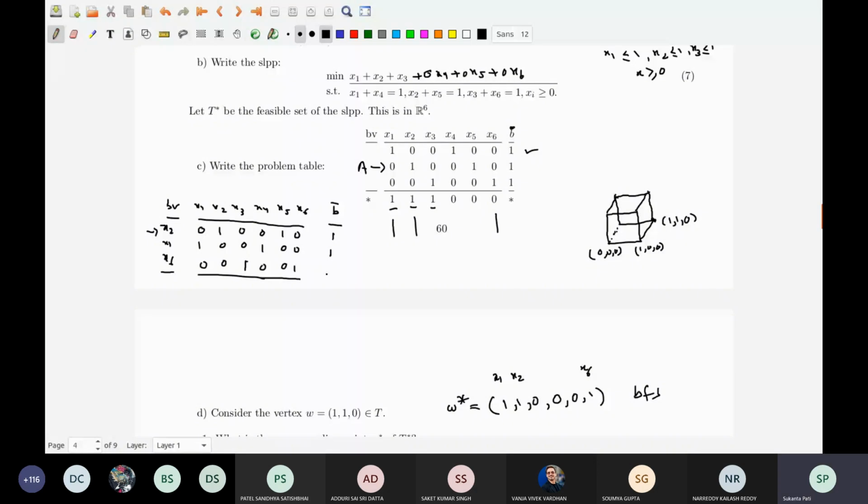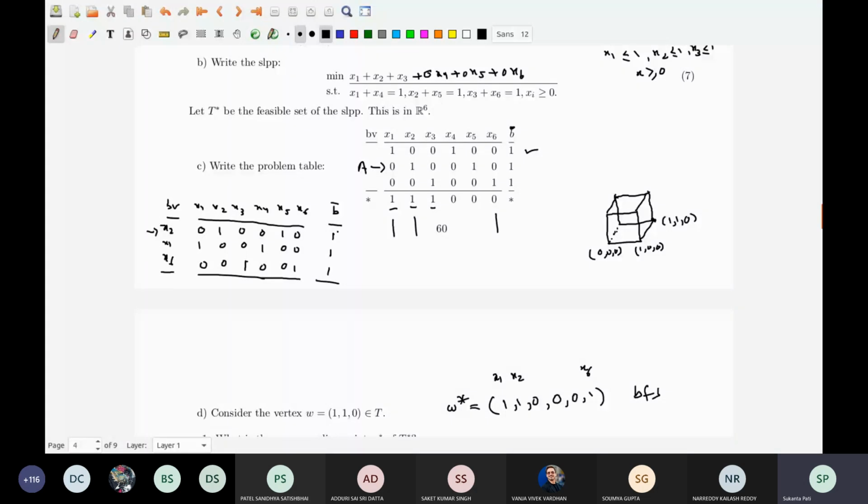After doing some elementary row operations, the column below X2 is looking like E1, the column below X1 like E2, and the column below X6 like E3. So by this time, I have done B inverse A. The matrix that you are seeing is B inverse A. This vector under B bar is B inverse B, the actual B bar.